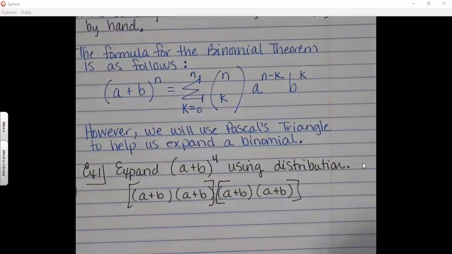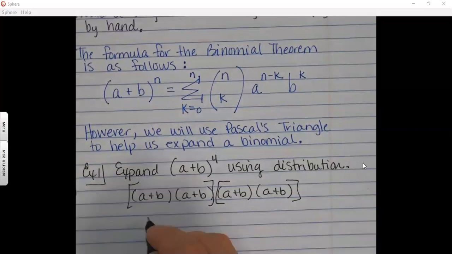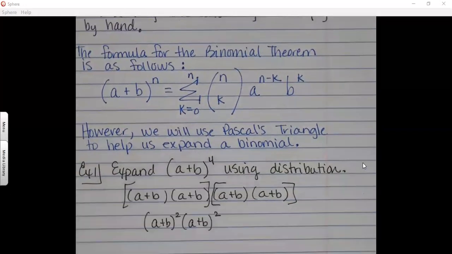Really, isn't that a plus b quantity squared? So I could rewrite this as a plus b quantity squared times a plus b quantity squared, because we know a shortcut.